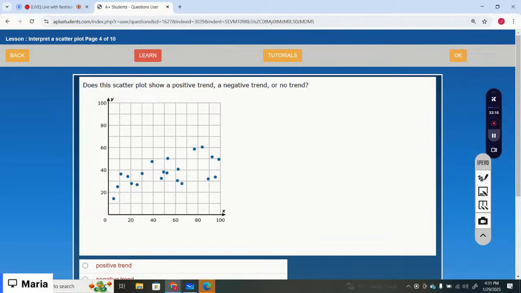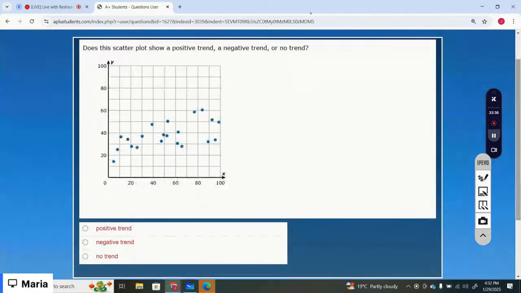Does the scatter plot show a positive trend, negative trend, or no trend? So which is the correct option? Positive trend. I think no trend it is. Okay, let's see.